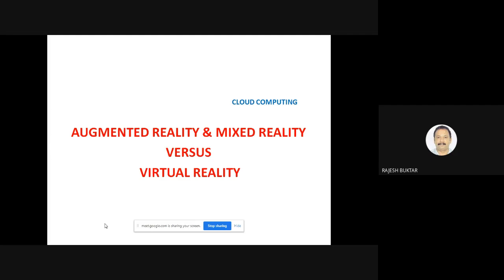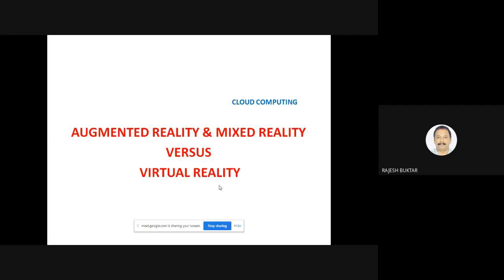At the end I have also given the list of research areas where you can work. As and when I find how augmented reality can be leveraged with different applications, I'm sharing with you. So this is a natural progression from virtual reality to augmented reality. Virtual reality was on the desktop, and there were free browsers at that time.